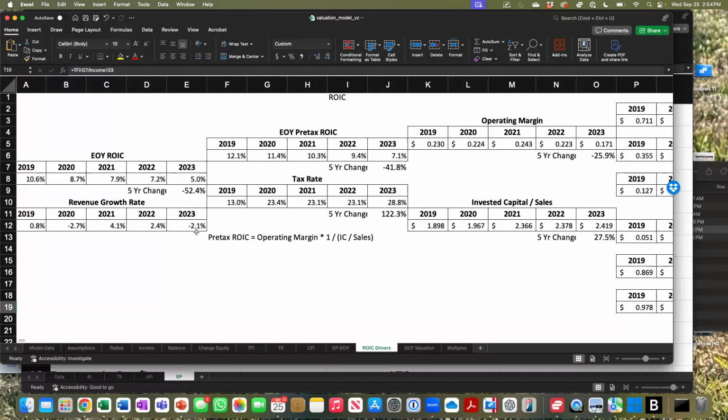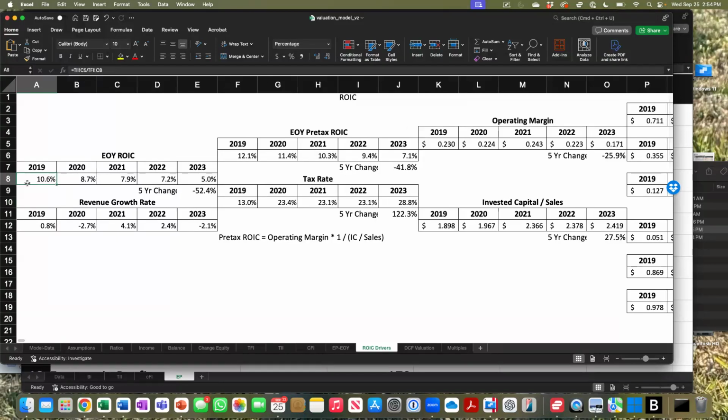And the idea is in 2019, Verizon's ROIC was 10.6%. In 2023, Verizon's ROIC fell to 5%. That's a 52.4% decline in their ROIC over the last 5 years, right? So Verizon's share price has been a little choppy, and this is one of the reasons why. They're making less return on what they do.